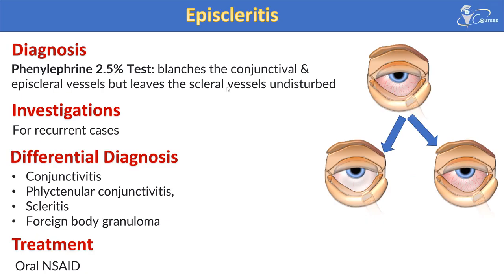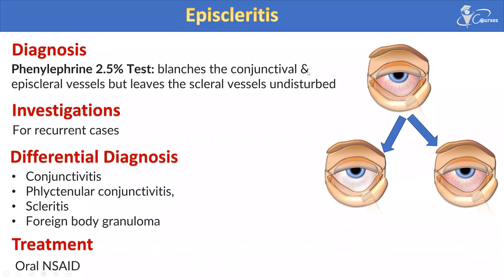If we have a patient with a red eye and we need to differentiate whether the redness is due to episcleritis or scleritis, we can do the phenylephrine test. If it is blanching, if the eye becomes white, then this is episcleritis. If the eye is still red, then this is a case of scleritis.